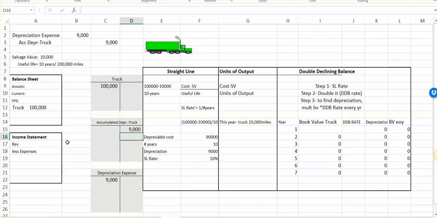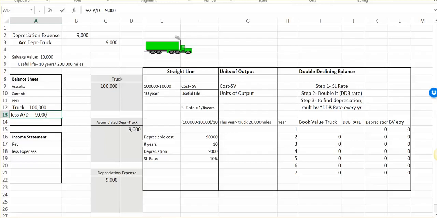On your financial statements, in the balance sheet, under your property, plant, and equipment, you'll list your truck for $100,000, then you'll say less your accumulated depreciation, which is $9,000.